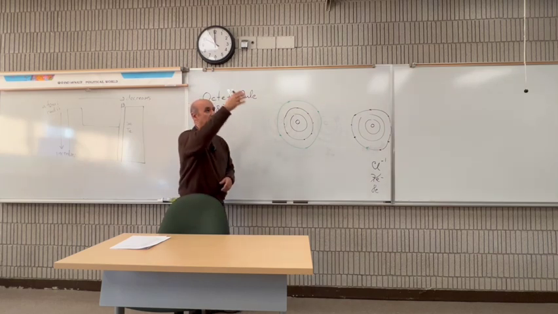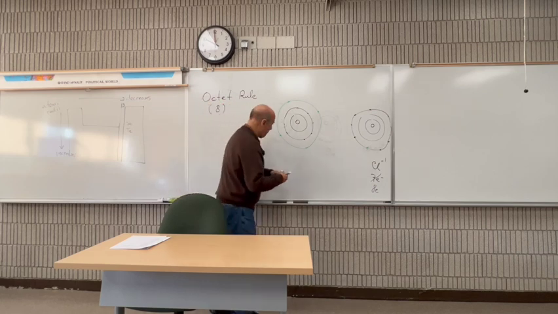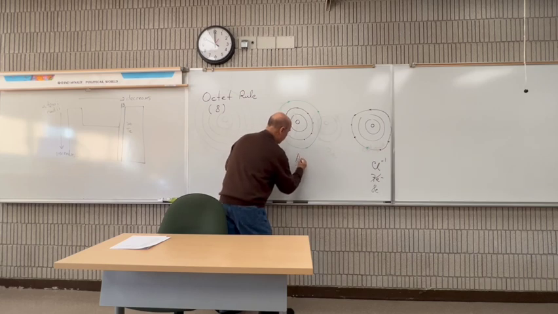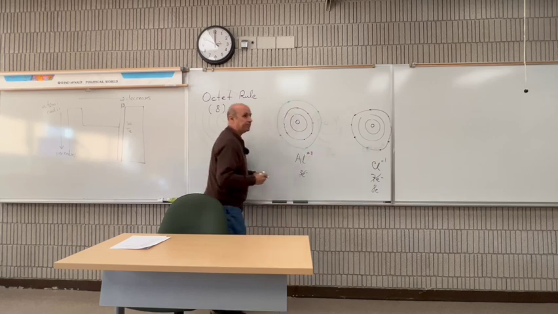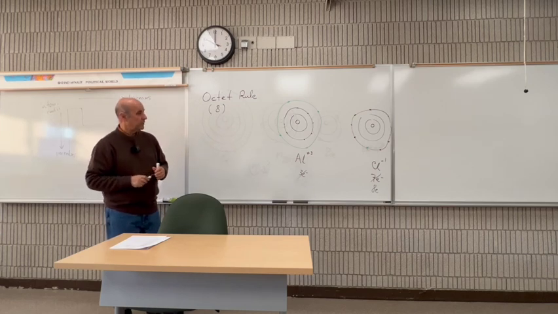Elements in group 13 have a tendency to lose 3 electrons. And the example that I can give you is aluminum, which when it loses 3 electrons becomes charged with a positive 3 charge, 3+.